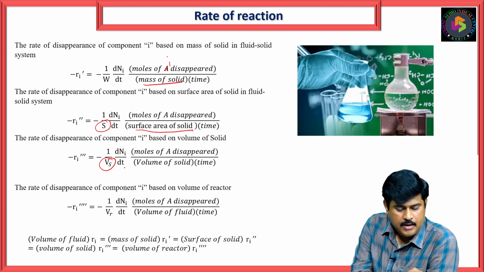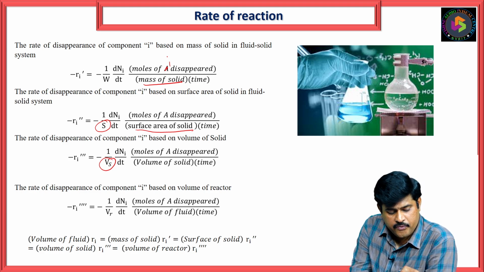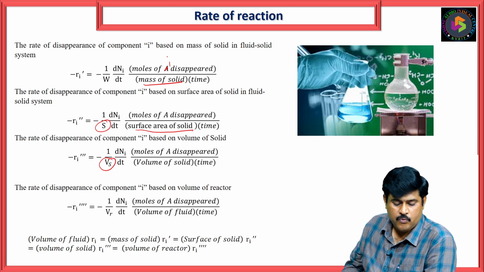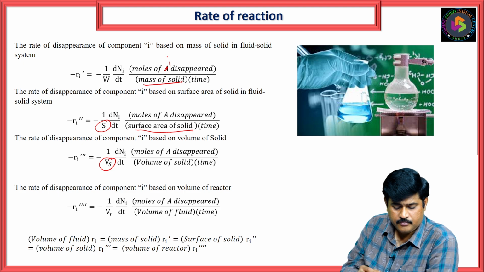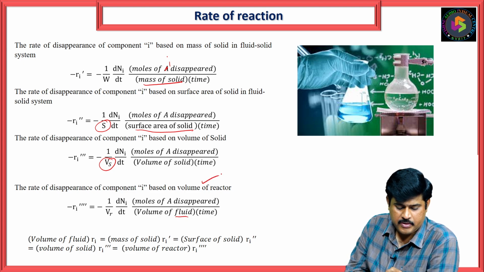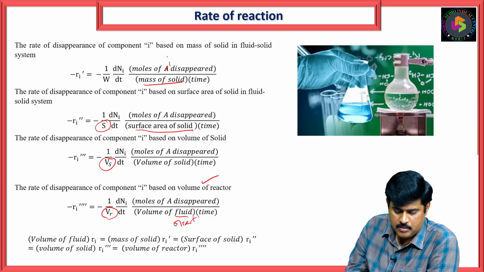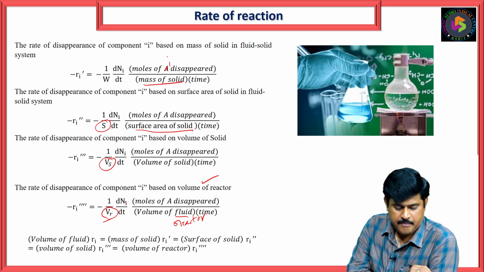And we can also define the rate of disappearance based on the volume of the reactor, VR. So minus Ri four dashes is equal to minus 1 by VR dNi by dt, where VR is the volume of the reactor.